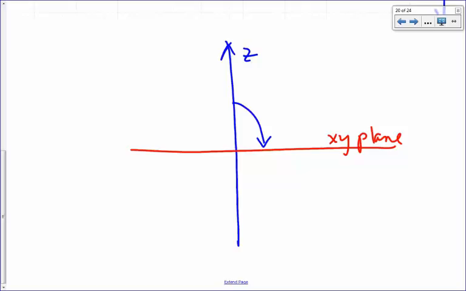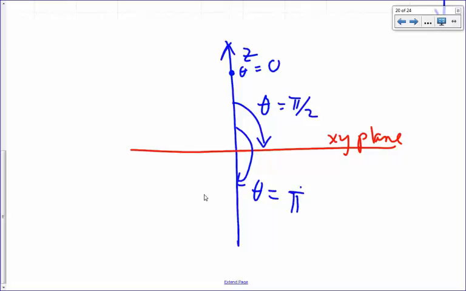What angle does the z-axis make with the xy plane? 90 degrees. So theta is pi over 2. For any point on the negative z-axis, theta is equal to pi. For any point on the z-axis itself, theta is going to be 0. So the range of values for theta is from 0 to pi.